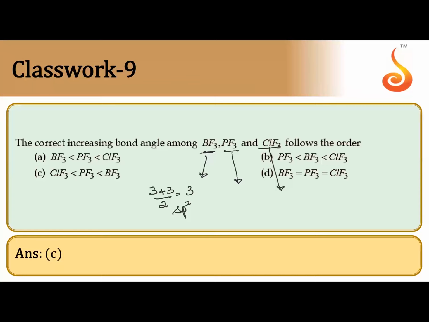What is the hybridization? sp3 only. Okay, 5 plus 3 by 2. That is sp3 I am getting, but with one lone pair, right? Here it was sp2, 0 lone pair. Okay, this is bond angle 120 degree. This is like ammonia. So I'll say approximately some 107.